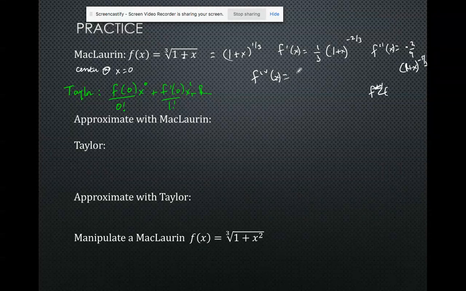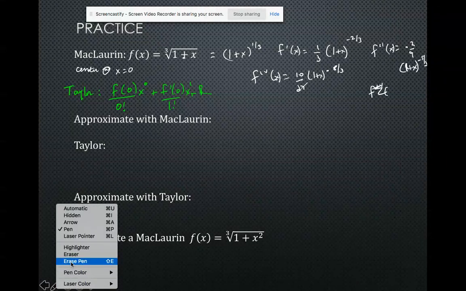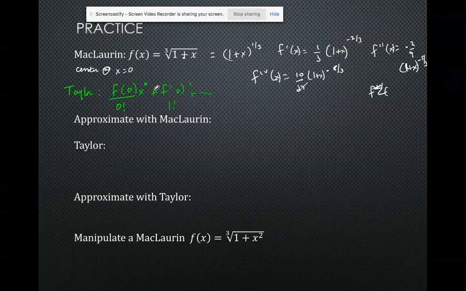Positive 10 over 27, 1 plus x to the negative 8/3 times the derivative of the inside, which is just 1. Evaluate all of those derivatives at the center. And divide by the appropriate factorial and match your powers.